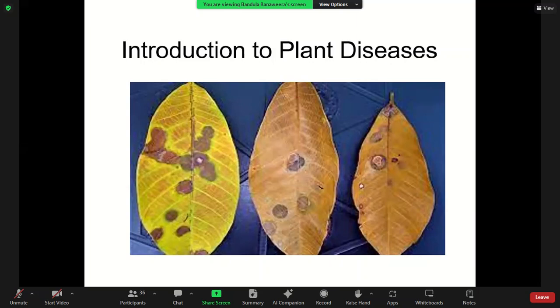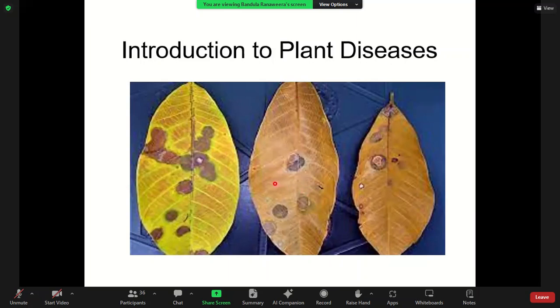Usually when we see something unusual on our plants, like what is appearing on this photograph, these leaves of plants, probably fallen from a plant, they are having unusual color.